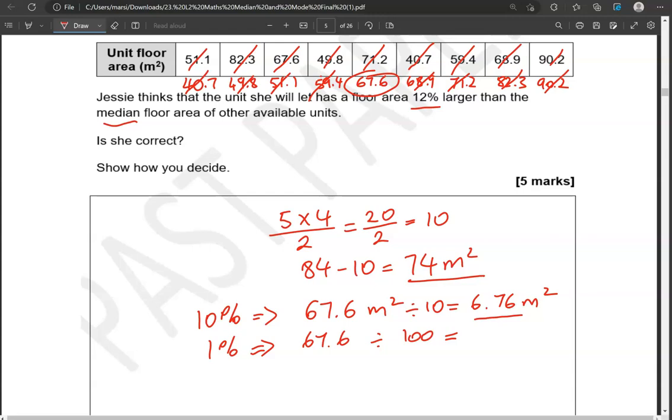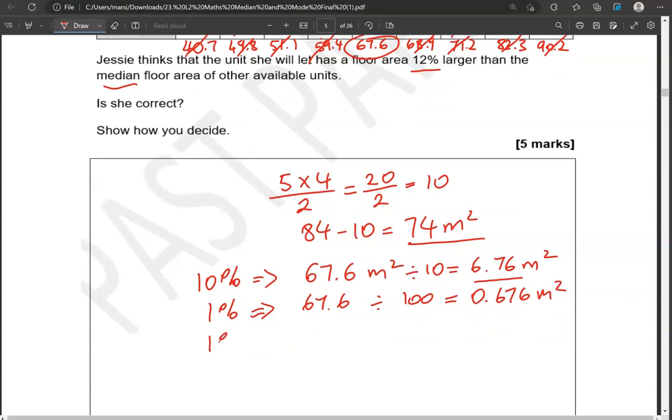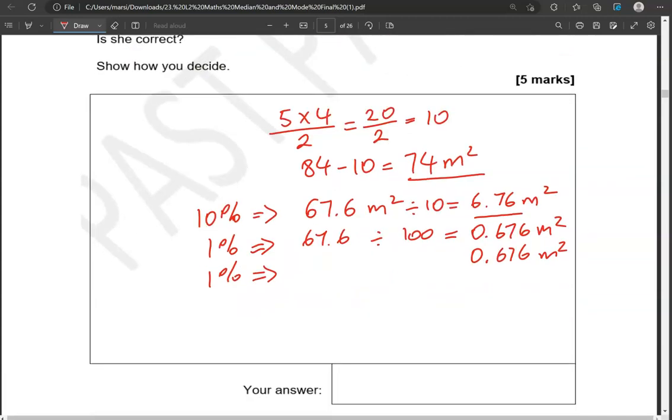So that is 0.676 square meters. We've got 12% in total, so I'm going to add another 1%, so that's another 0.676. Let's add all of these together.